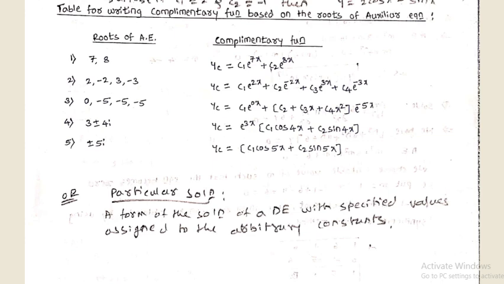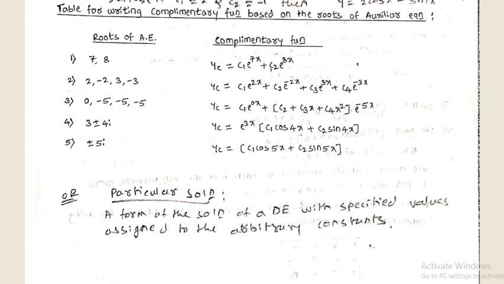When the roots are in this form, its complementary function is c1 e to the power 0x, and we know that e to the power 0 is 1, so we can write either only c1 or c1 e to the power 0x. Then the remaining 3 roots are the same, so the complementary function is (c2 plus c3x plus c4x square) e to the power minus 5x.